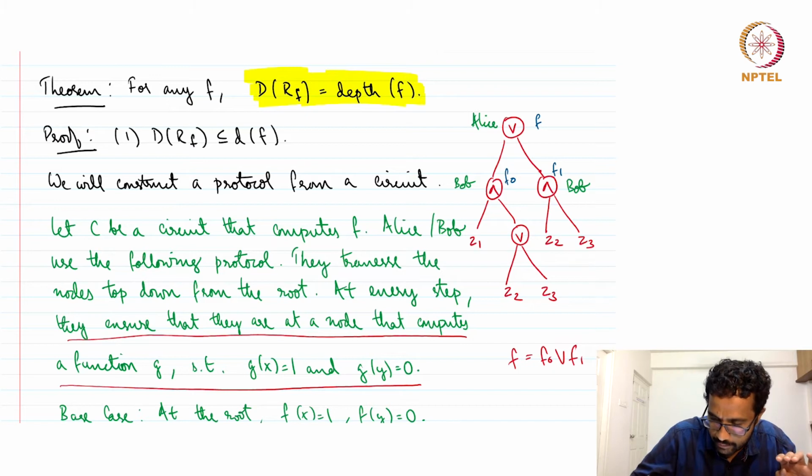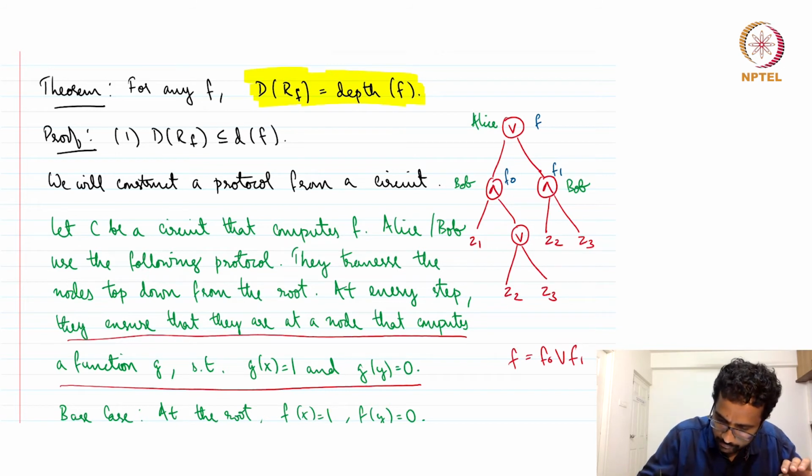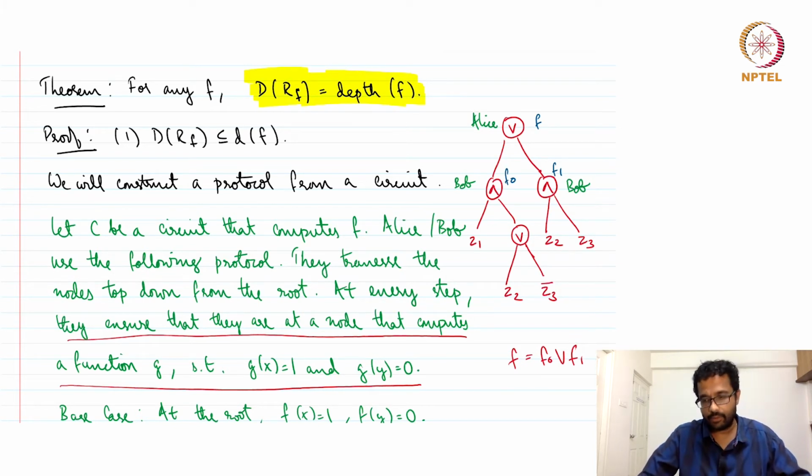So if I want to have a NOT gate here, I may as well push it down to the input bit itself, so Z3 complement, right? So there will be no NOT gates in the circuit. There will only be inputs that are negated or non-negated.